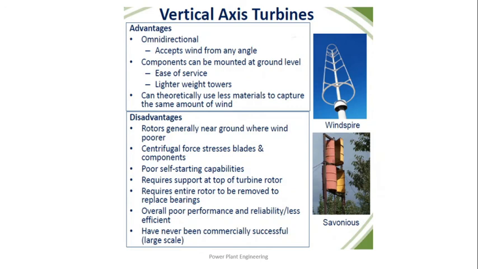It requires support at the top of the turbine rotor. It requires the entire rotor to be removed to replace bearings. Overall poor performance and reliability, as it is less efficient compared to horizontal axis turbines, and it has never been commercially successful at the large scale.